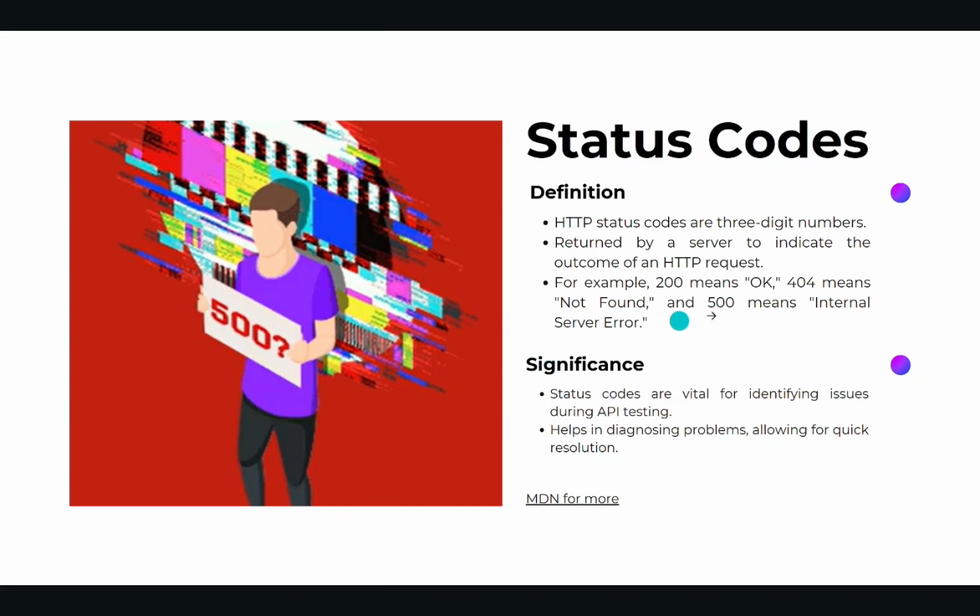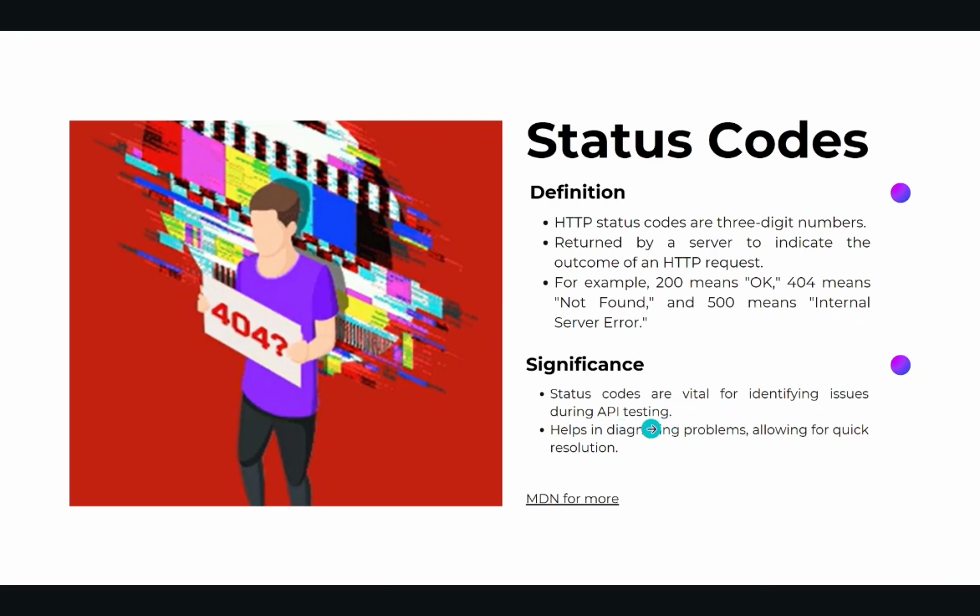All right. Now we have understood status codes. We will also see this in action when we are working on Postman. But what is the significance, right? So basically, this allows us to identify issues in an API itself. All right.